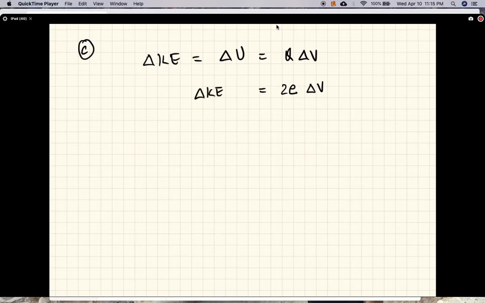Or the increase in potential energy. So the potential through which you need to accelerate this alpha particle is its kinetic energy divided by 2e.